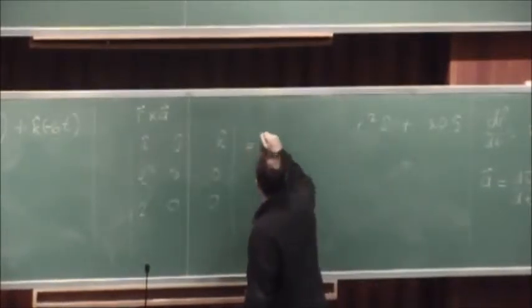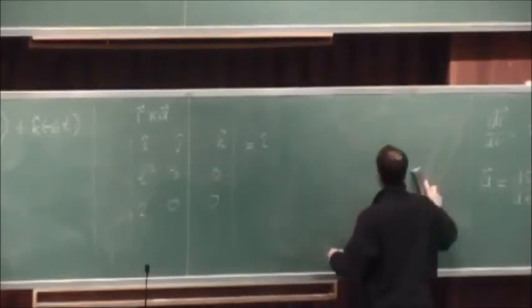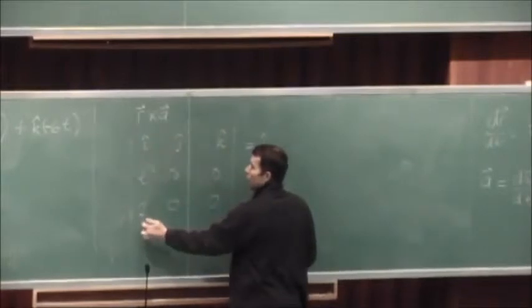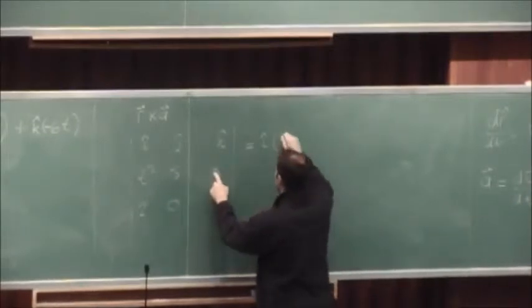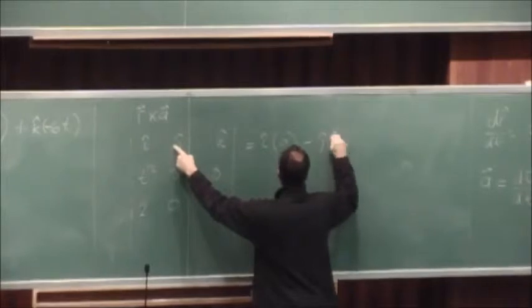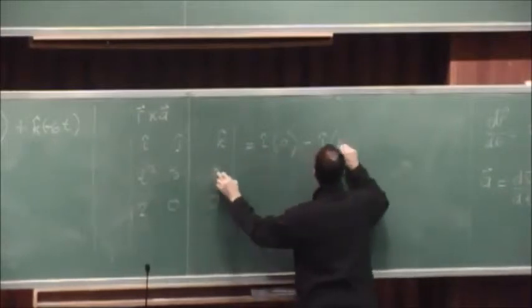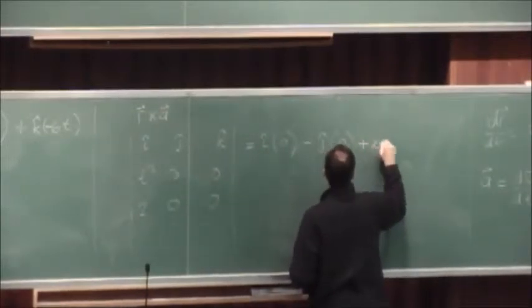So let's do this out again. This is going to be equal to i: we get rid of the column, we get rid of the row, we only look at what happens, and I take this times this, minus this times this. And so I see that's just 0. Then I'm going to get minus j hat. I get rid of this column and this row, and I get t squared times 0 minus 2 times 0, and that gives me 0 again. And then I get plus k.